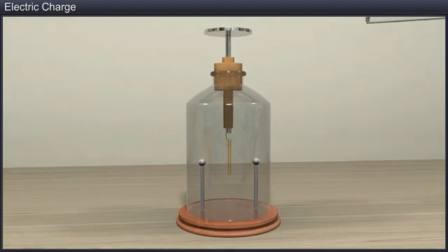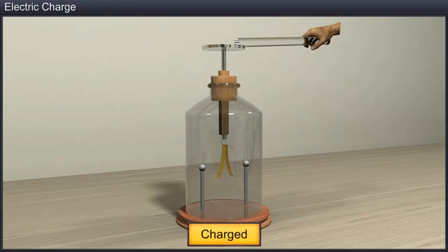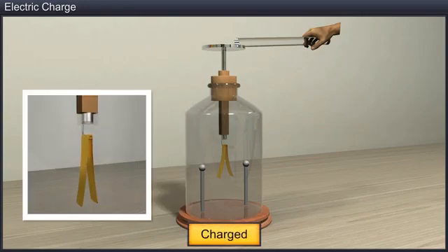If the gold leaves repel each other, then it indicates that the glass rod is charged. The amount of divergence provides a rough measure of the charge on the glass rod.